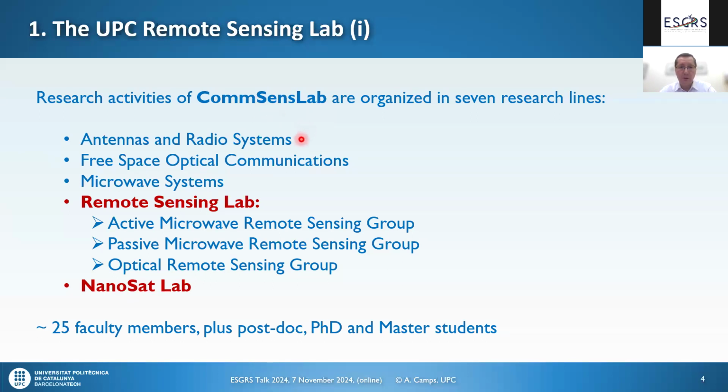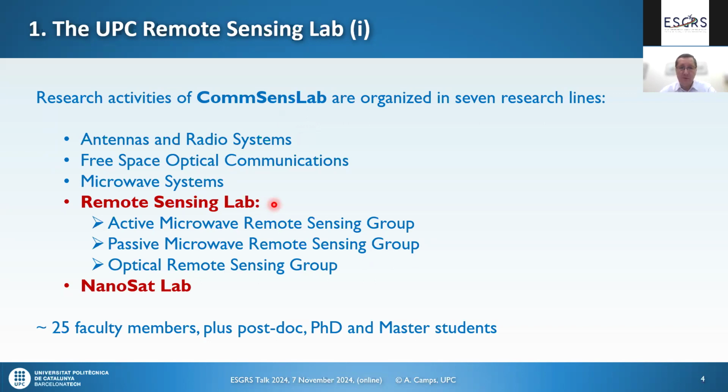And it includes a team working on antennas and radio systems, microwave systems, free space optical communications. And then over the past, since the year 1990, mostly, all the activities related to remote sensing have really taken off, and are nowadays, they occupy more than half of the activities of the group.